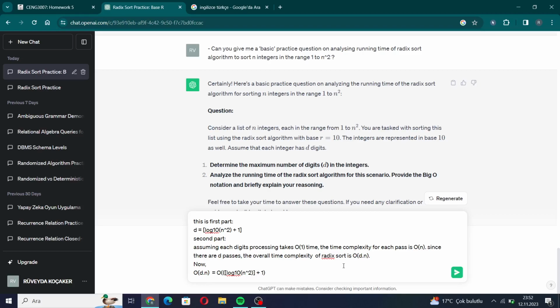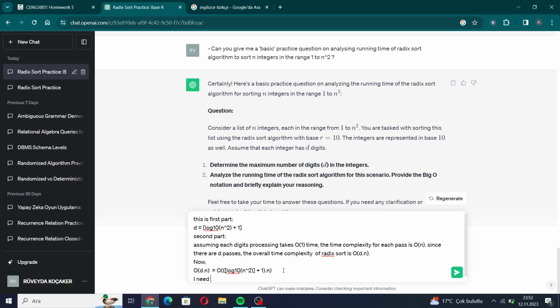And log 10, yes, like that. Then I need to simplify, but I cannot do it. Please help me.